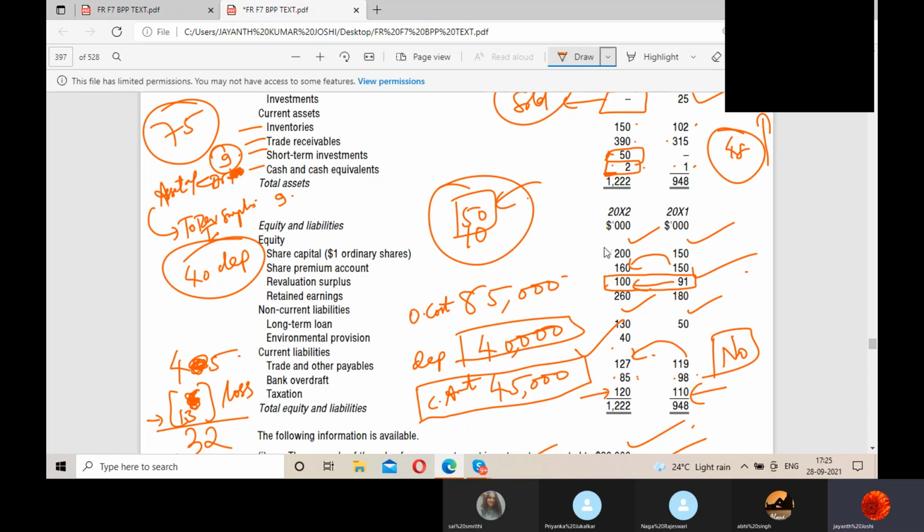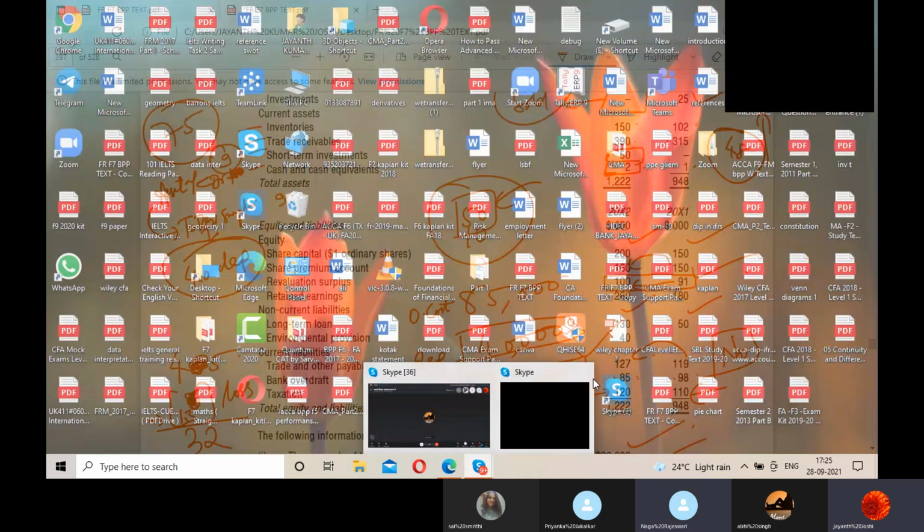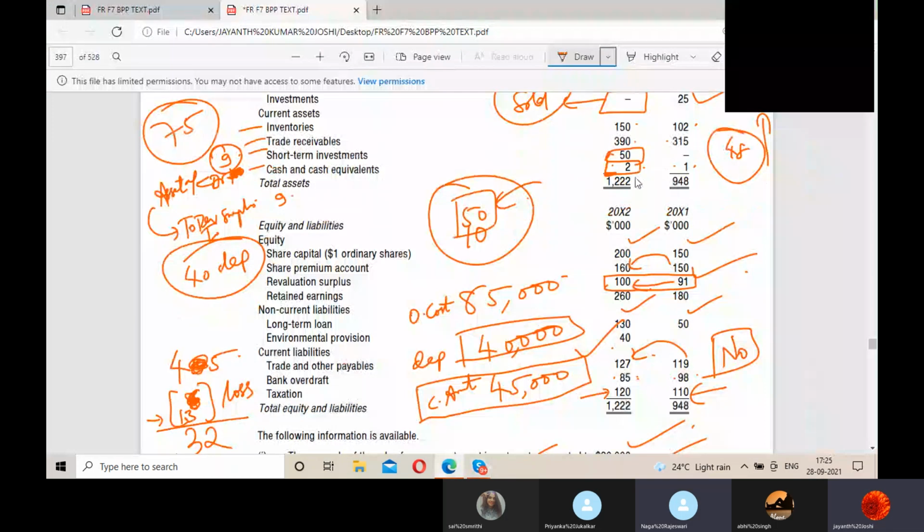Rajeshwari, what's the difference? 33, sir. See, your cash and cash equivalents net, I am saying. 85 is your bank overdraft and 52 is your cash and cash equivalents.